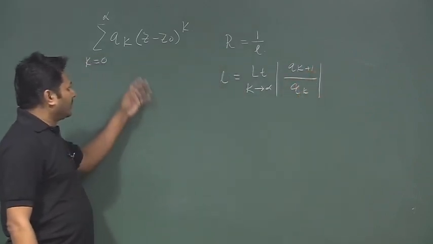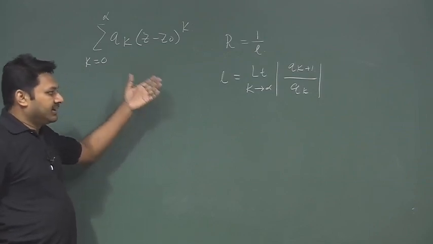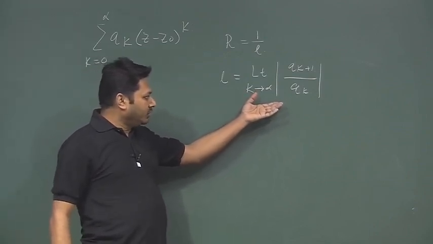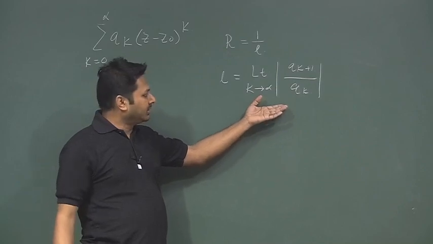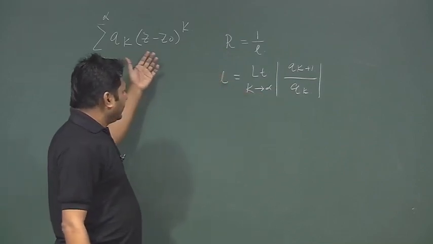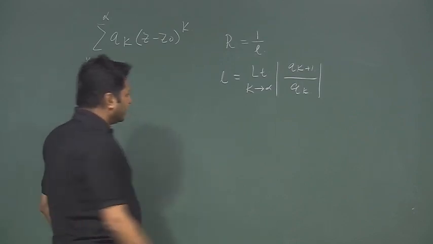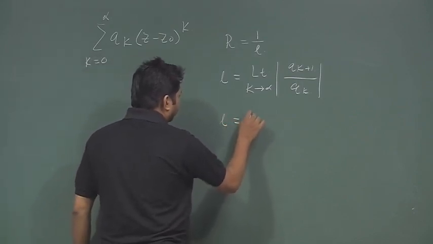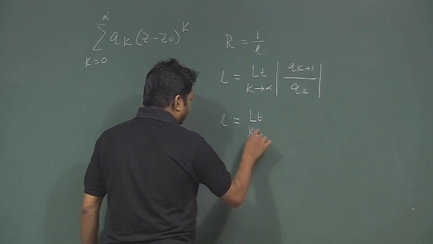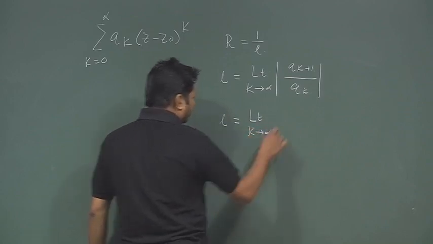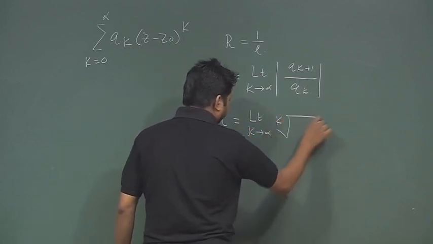So, we normally use this ratio test, but today I am going to show something else. Before going to the next topic, I just want to show one thing, that this L can also be found using the root test.